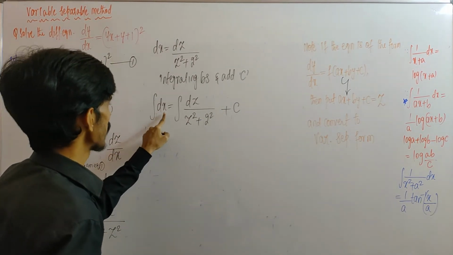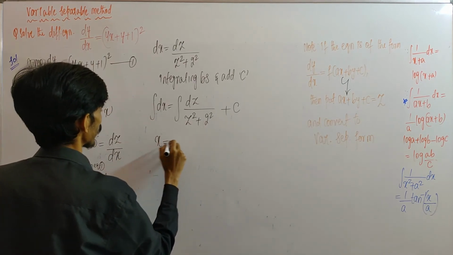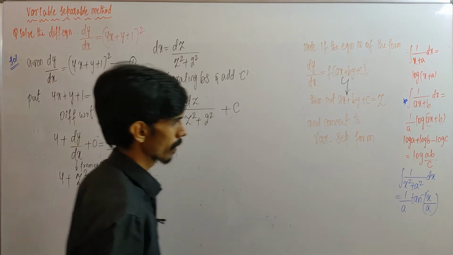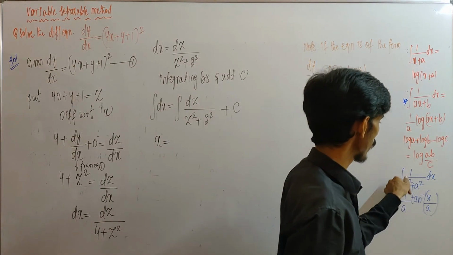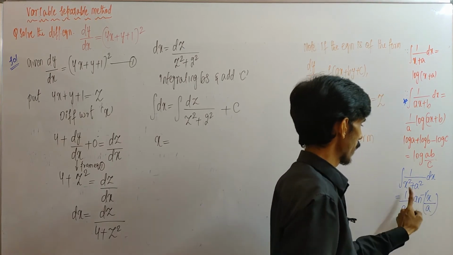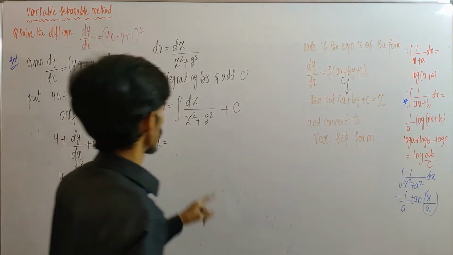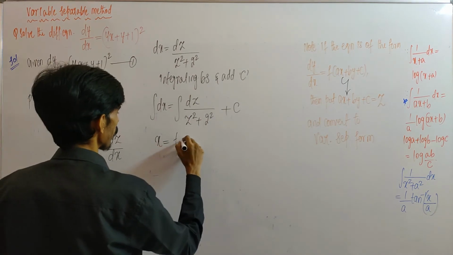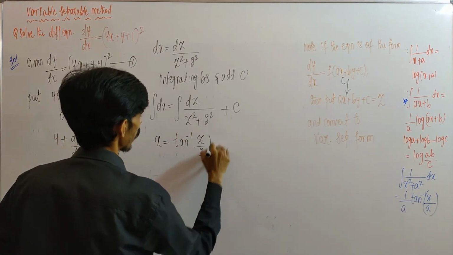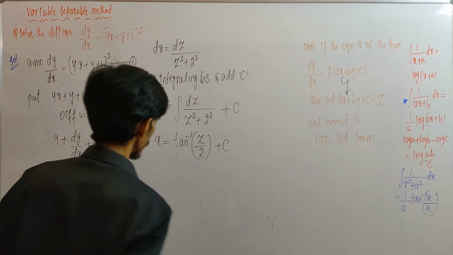Now integration dx value is x, integration dz by z square plus 2 square. Remember this, integration of 1 by x square plus a square dx value is 1 by a tan inverse x by a. So this will become 1 by 2 tan inverse z by 2 plus c.